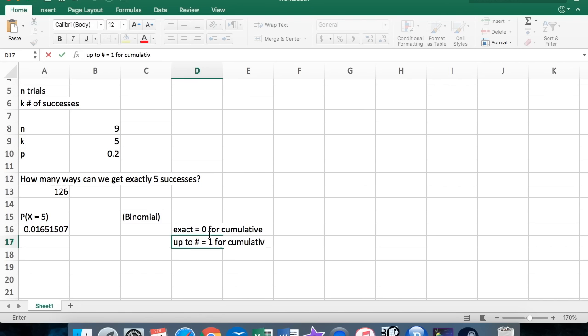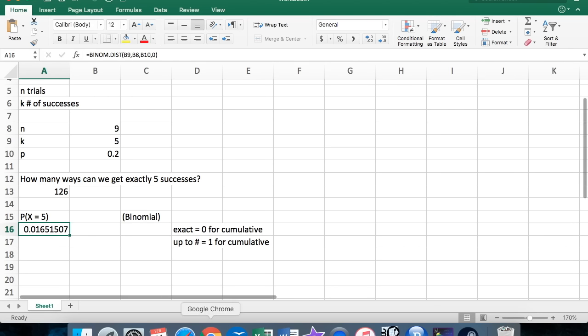Think of it like in a computer language: 0 means no, off, or false, and 1 means true. So it means yes, I want cumulative. These can be very tricky, so you'll have to start getting used to them. But for this case, we wanted exactly 5 successes, so we put 0.